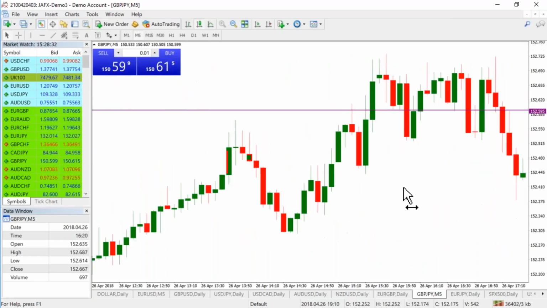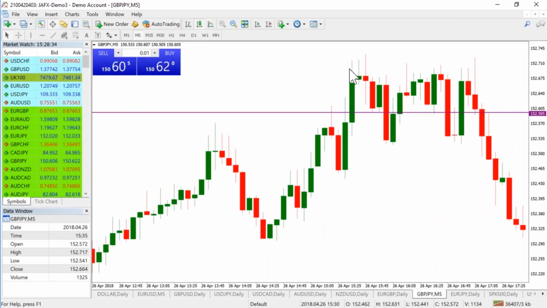So we've had a complete rejection today as a result of the dovish views from the Bank of England with regards to interest rates, the slowing of the potential for interest rates. So we've had a fundamental shift which has weakened the pound considerably across the board, especially against the yen.